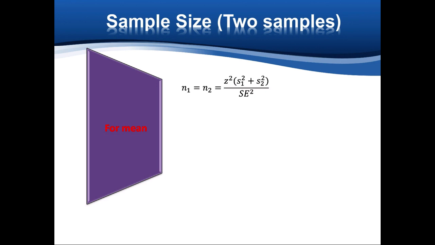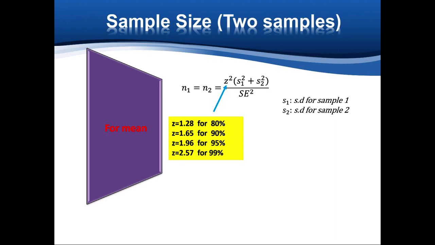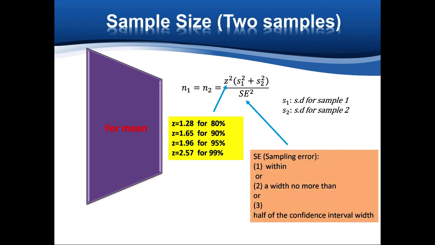That is z squared times s1 squared plus s2 squared and divided by SE squared, where you can choose the z-score for different confidence level. And SE is sampling error. Usually it's given. Either we say within a number or a width no more than, or half of the confidence interval width.